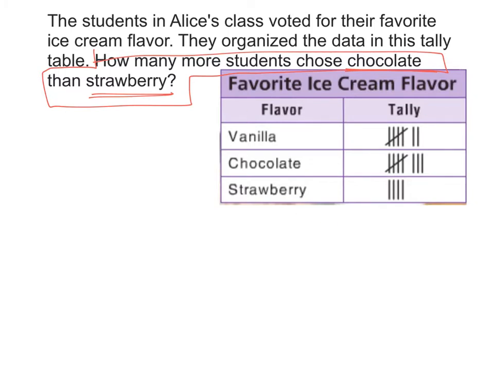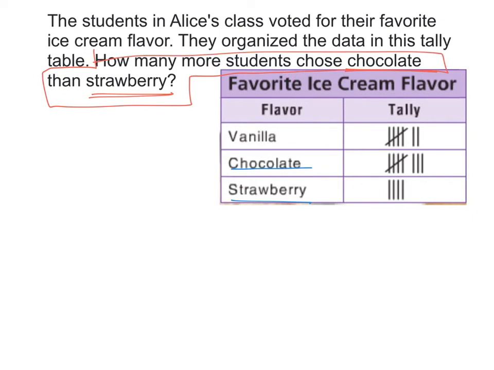Now remember, data is the information collected about people or things. The one that we are most concerned about is one, chocolate, and the other one, strawberry. And that's how we're going to find the information. Now let's take a look at the tally table.